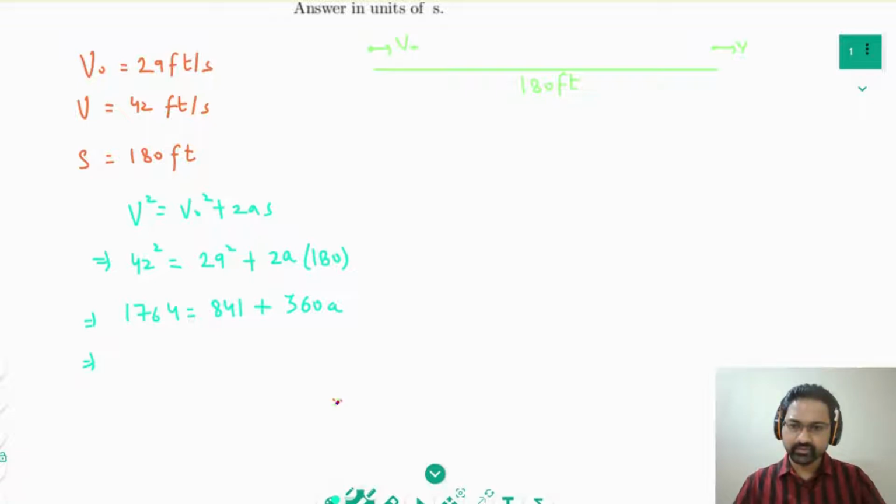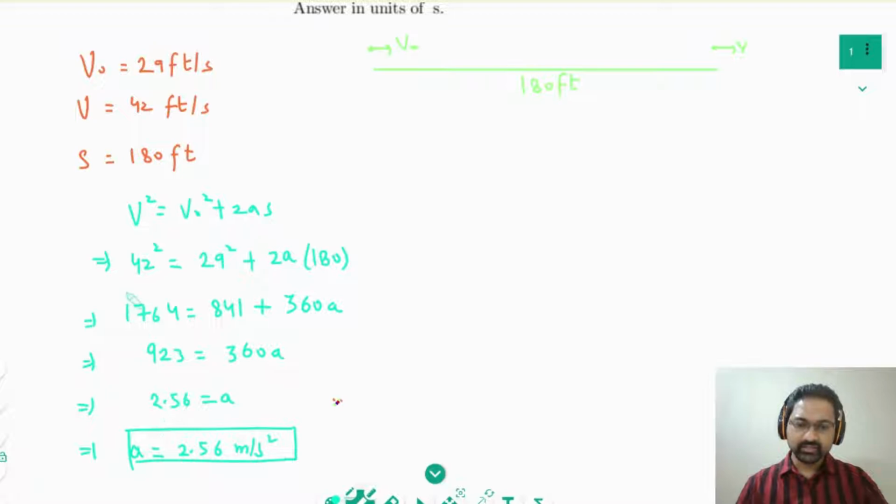I'm left with 923, and that is equal to 360A. And then I divide both sides by 360 to get the acceleration as 2.56. So A is equal to 2.56 feet per second square over here. So this is the value of acceleration.